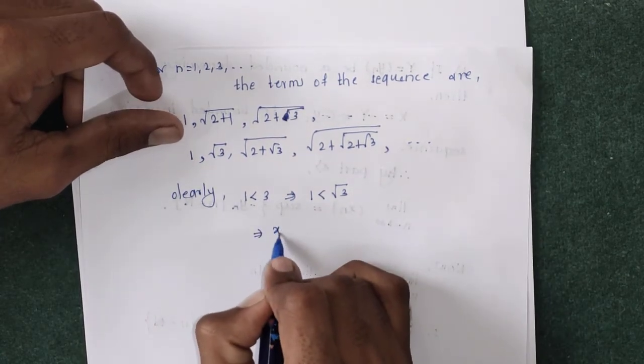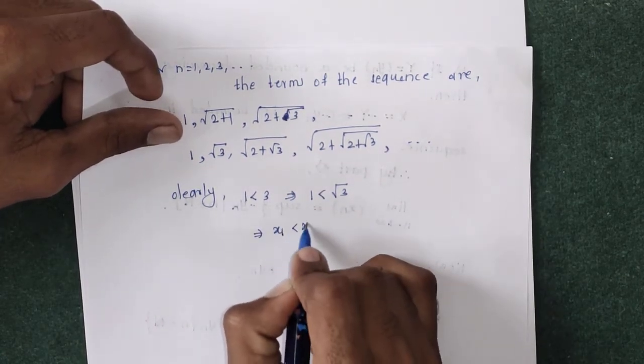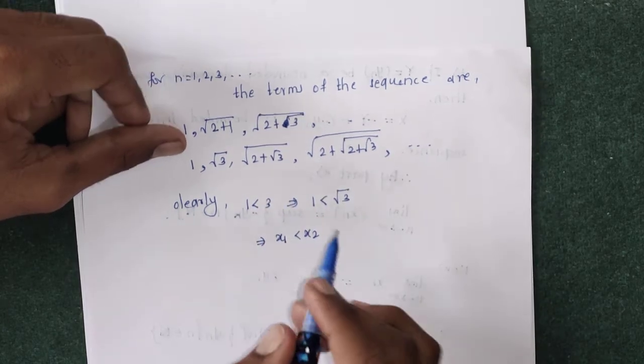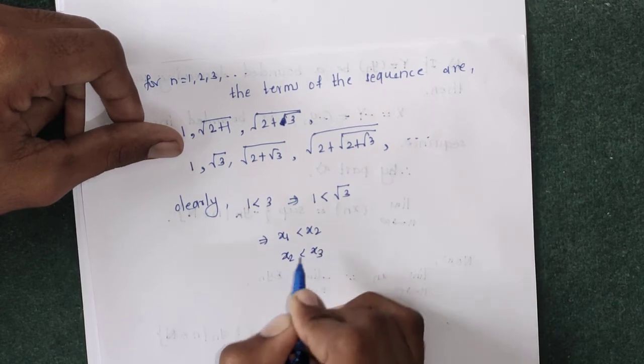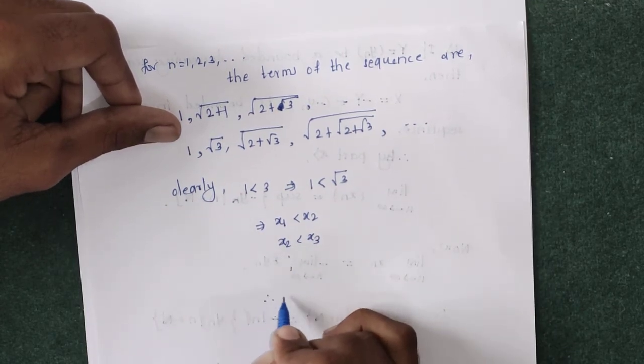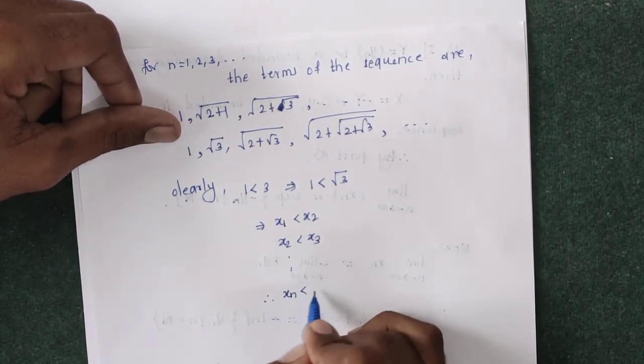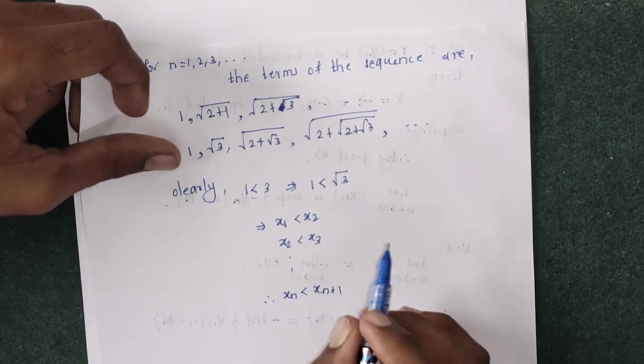This implies our x1 is less than x2. Similarly, for the next terms, we can write x2 is less than x3, and so on, up to xn is less than xn plus 1.